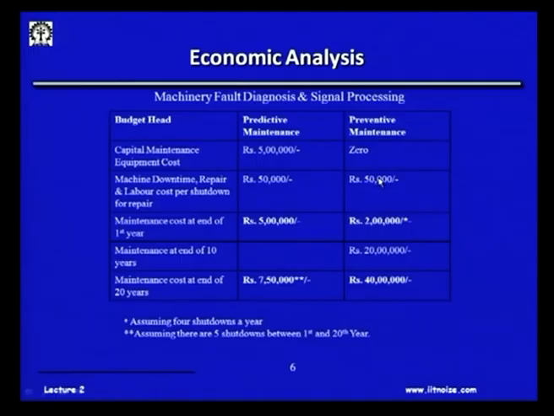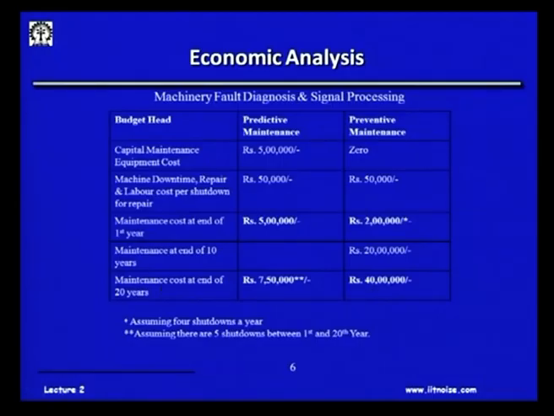For 4 such repairs, at the end of the first year I would have spent 2 lakh rupees. At the end of 10 years, if I was religiously doing this preventive maintenance, I would have spent 20 lakhs. At the end of 20 years, I would have spent 40 lakhs.